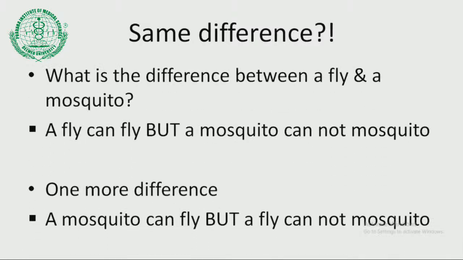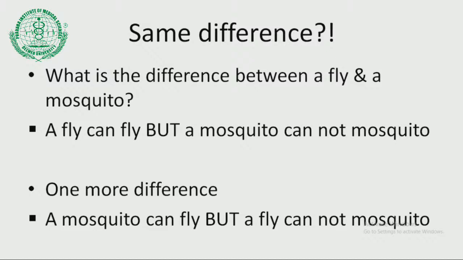You should know the difference. You should be able to differentiate different types of vectors, different types of insects or different types of agents which are responsible for transmission of diseases. You don't have to know the exact name or exact classification or exact scientific name of that particular vector, but you should have a general idea that this might be this insect, and then you will get an idea which kind of infection it will be transmitting.